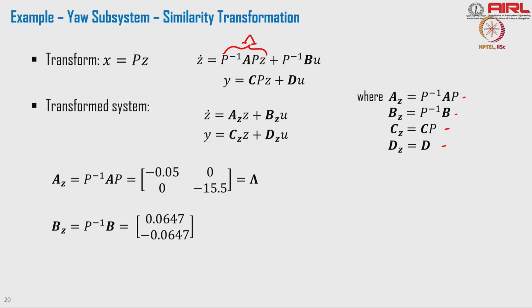BZ is P inverse B, which is this matrix. CZ is 0.2955 and minus 1.404, which is the multiplication of the matrix C with the transformation P, and DZ is 0.